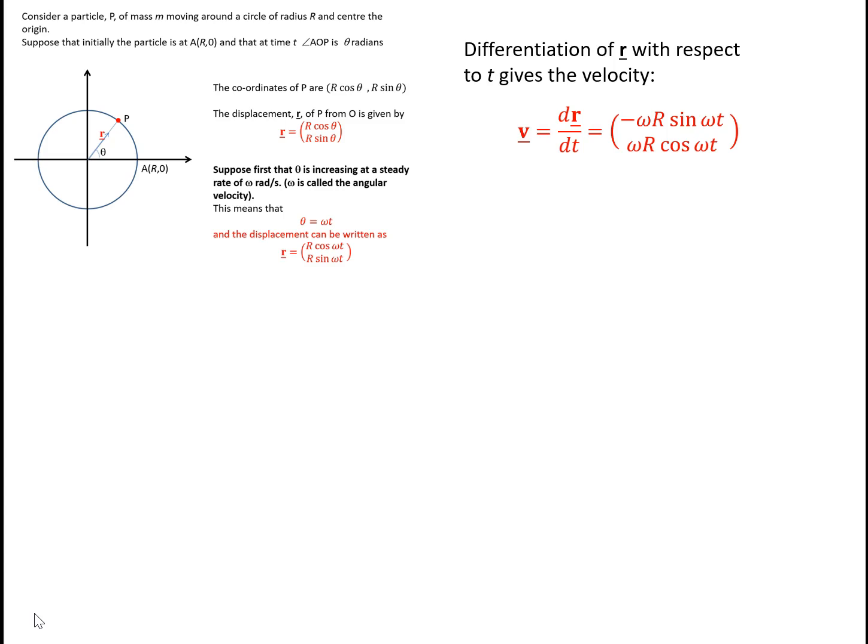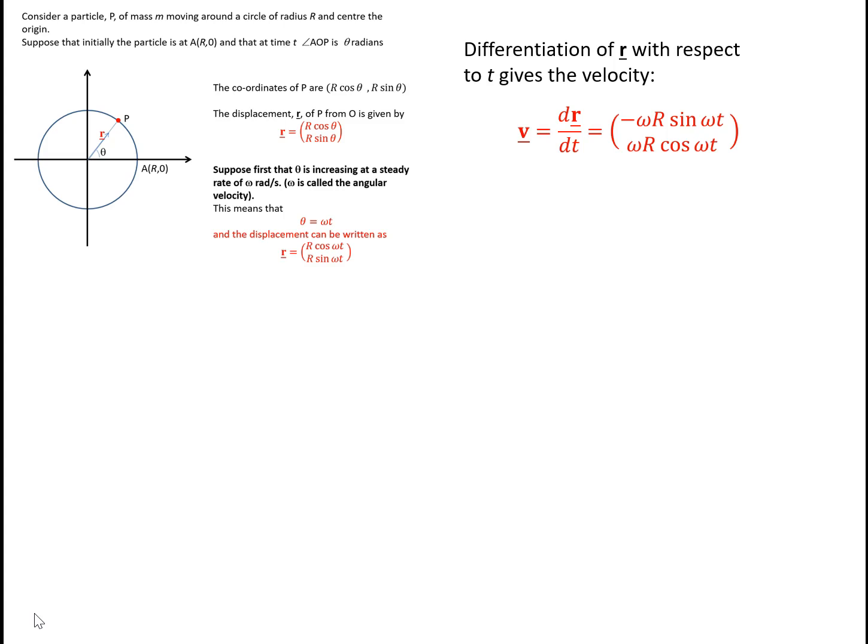Now the x component of r was the radius times cos omega t. The radius is constant, and we know that the derivative of cos omega t is minus omega sin omega t. So the x component of the velocity is going to be minus omega r sin omega t.